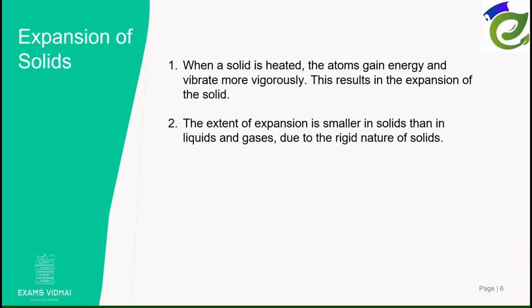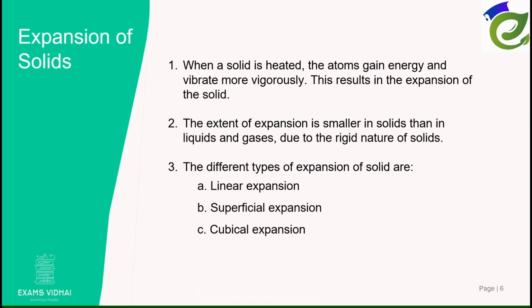The extent of expansion is smaller in solids than in liquid and gases due to the rigid nature of solids. The different types of expansion of solids are linear expansion, superficial expansion, cubical expansion. Let us look into this one by one.